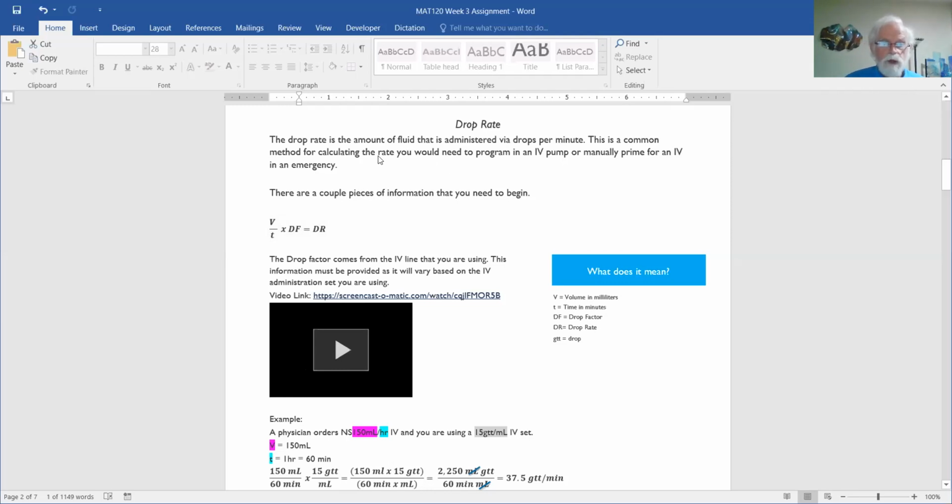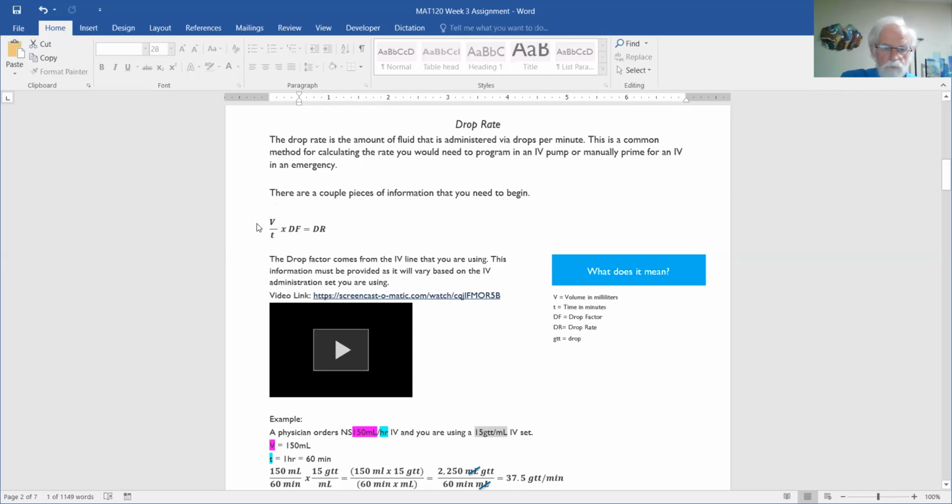When we are doing that, we don't have something we can set at milliliters per hour. In fact, we have to calculate the flow rate in terms of minutes. That's why this particular part of the formula uses a small t, which is time in minutes.